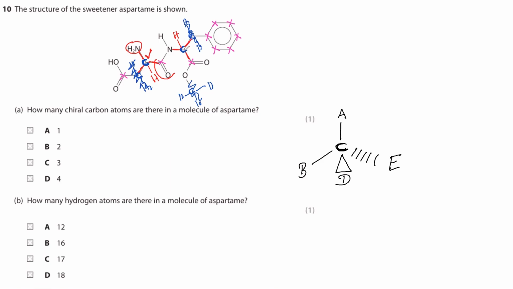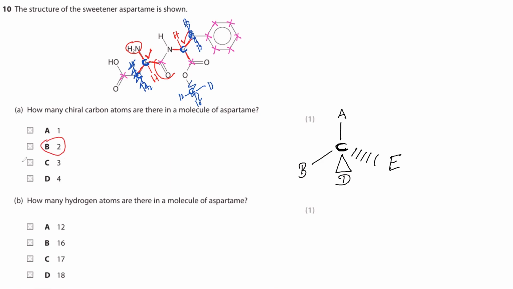For this one also there's hydrogen, COOCH3, there's a CH2 and a benzene ring, and here NH and a long carbon chain. So therefore this carbon atom also is a chiral center. Did we miss any other carbon atoms? No. So we have 2 chiral carbon atoms. So my answer for question number 10A is B.